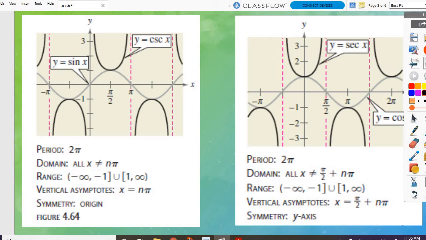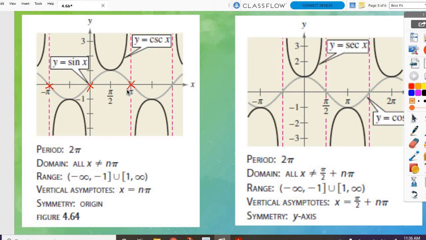So if you notice, the light gray graph is going to be our sine graph and then our cosine graph. Notice that wherever we have our zeros is where we have those imaginary lines that then become our asymptotes. And remember, asymptotes are like our black holes, they suck our graph towards them, okay? So notice that in between each of those asymptotes, our original graph just gets flipped.